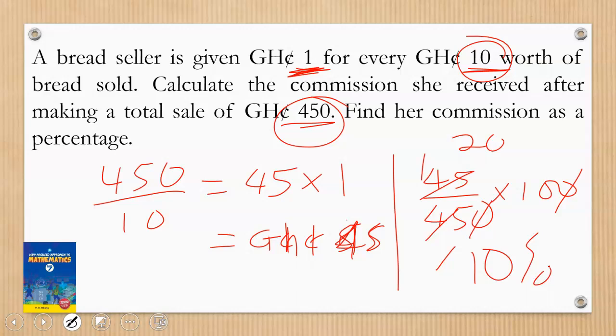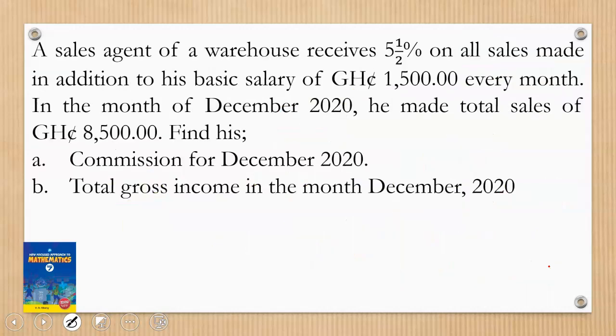The next question says that a sales agent of a warehouse received 5.5% on all sales made, in addition to his basic salary of 1,500 every month. In the month of December 2020, he made total sales of 8,500. What will be the commission for December 2020?